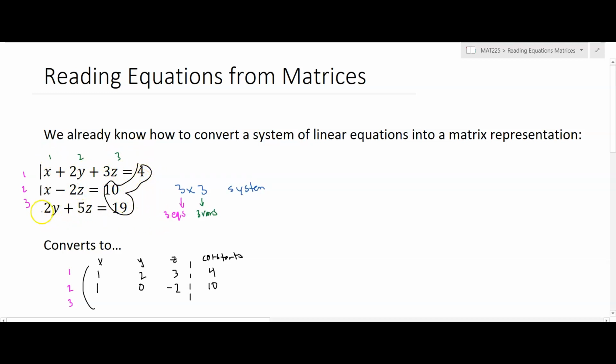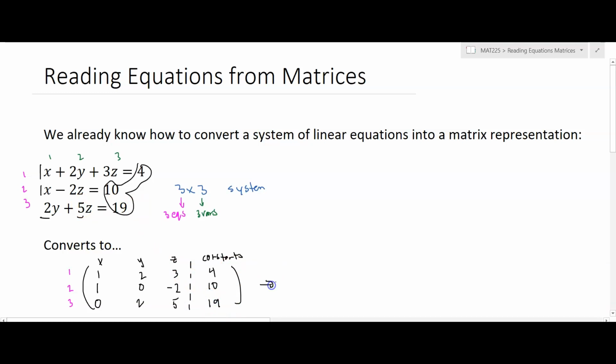In the third equation, you've got to be careful because, again, here I'm missing an x variable. Therefore, I have 0 copies of x. I have 2 copies of y, and I have 5 copies of z. And the constant that it equals is the constant 19.